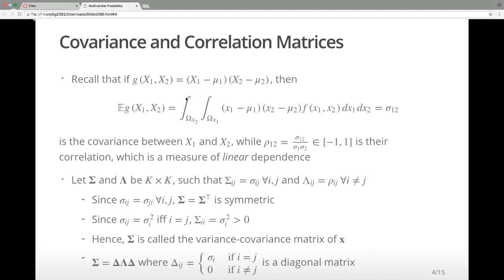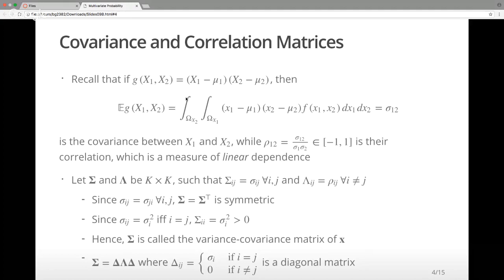So if we let delta be a diagonal matrix that has the standard deviation of the ith variable in the ith place along the diagonal, we can write a variance covariance matrix as the product of this diagonal matrix of standard deviations delta multiplied by our correlation matrix lambda, multiplied again on the right by our diagonal matrix of standard deviations.